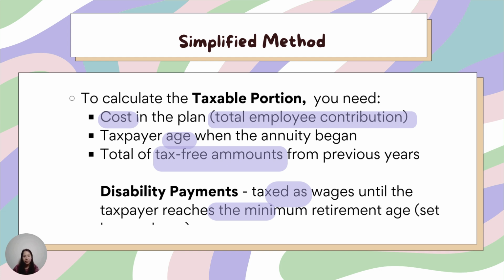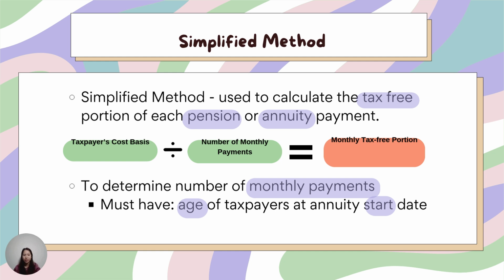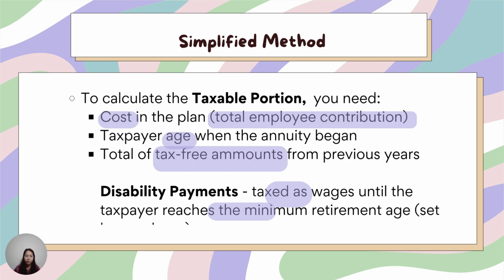So to calculate the taxable portion, you need the cost in the original plan, so the total employee contribution, the taxpayer's age to calculate the number of monthly payments, and you need the total tax-free amounts from previous years.